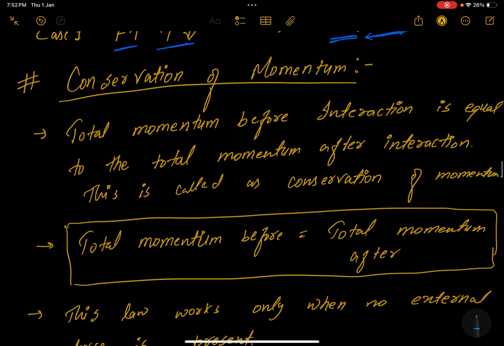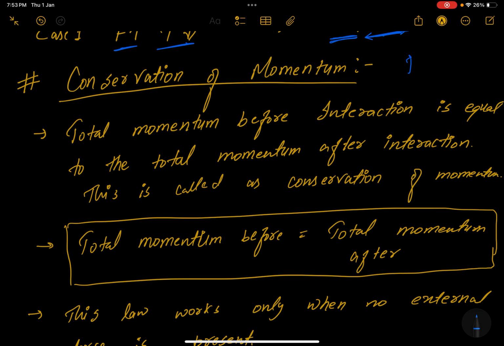Now our next topic is conservation of momentum. First, I want you to remember one thing: the momentum formula, that is mass into velocity. Now suppose two bodies are interacting with each other and no external force is acting, like there is no outside force.